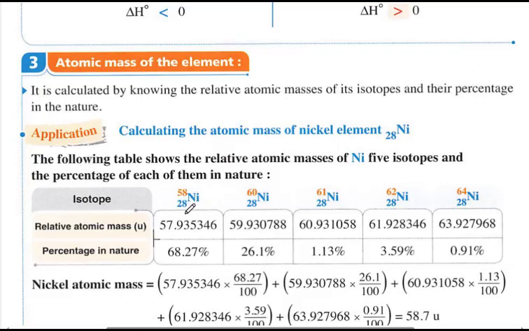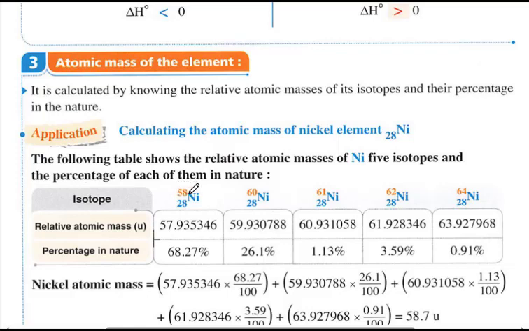Nickel, its atomic number is 28, but the atomic mass, the molar mass of nickel, changes. We know that 28 means the number of protons inside the nucleus of the nickel atom, and 58 is the summation of the number of protons, positive, and the neutral particles, which are neutrons.